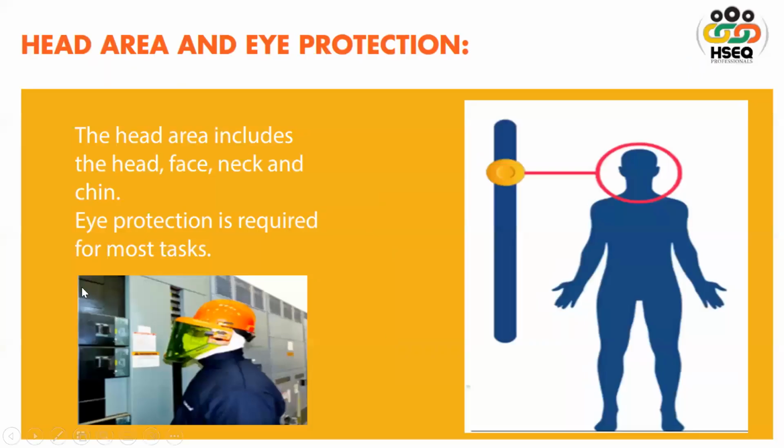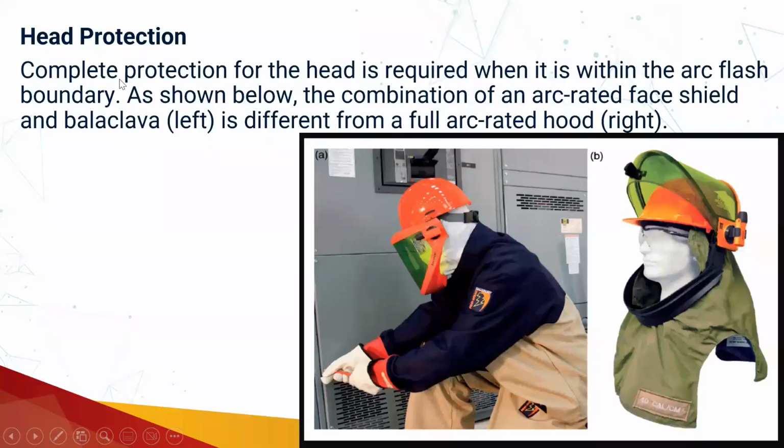So if you are working, by seeing the picture, you can say that the person who is exposed to incident energy is not more than 12 cals per centimeter square. Eye protection is required. Face, head, neck, chin, all those protections are required. So complete protection for the head is required when it is within the arc flash boundary as shown below.